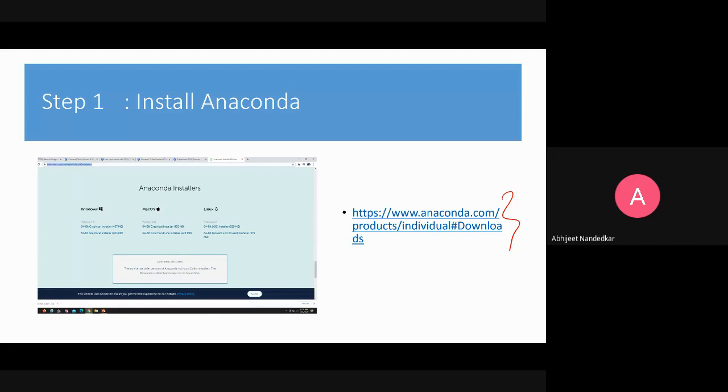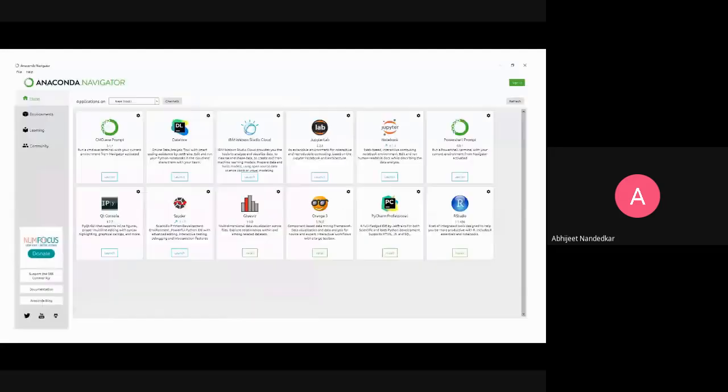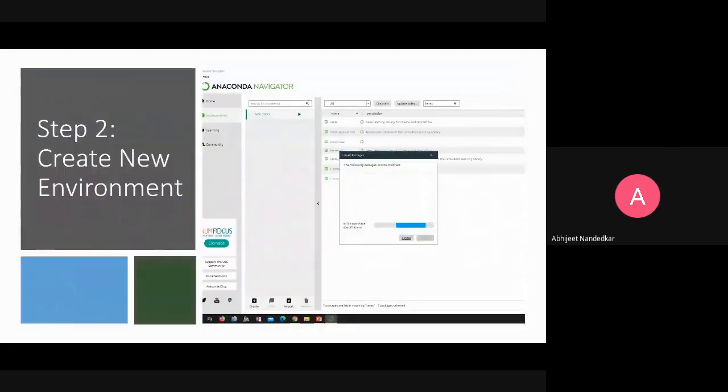Suppose you have downloaded it from the net, it will look like this, and then you create a new environment in your Anaconda. Maybe you can give your own name. You can create an environment with your own name, because we need to modify some packages, or we require some extra packages, and you will require that for each running instance.